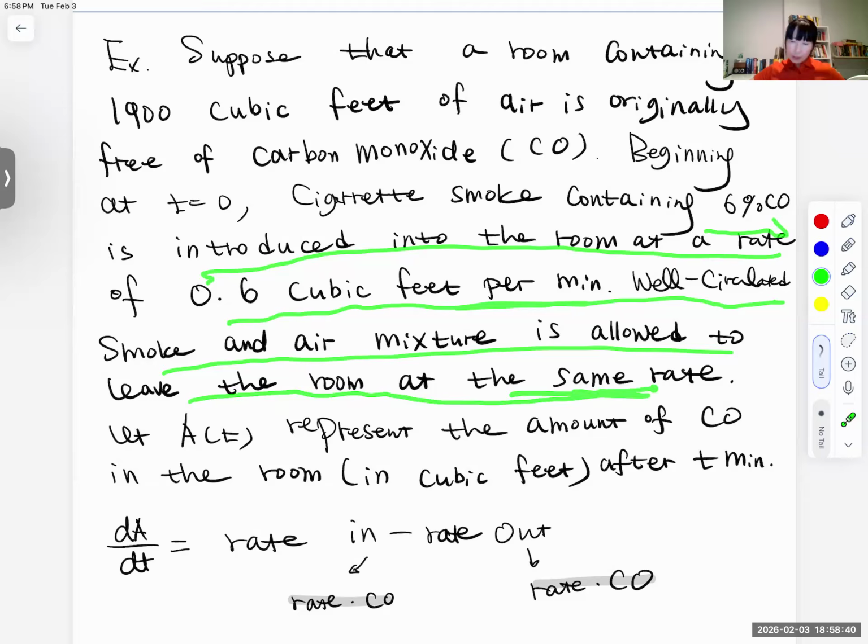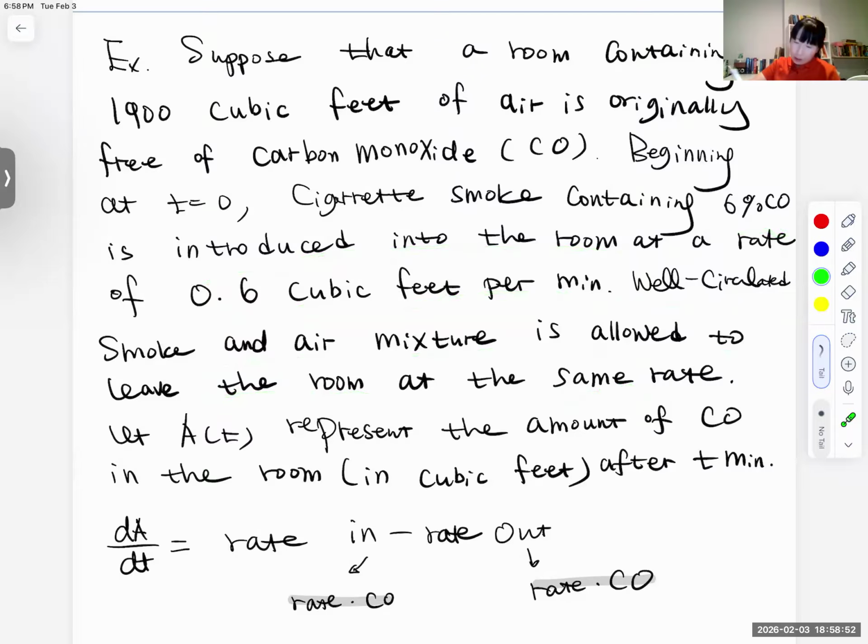Same rate means 0.6 cubic feet per minute, right? Let A of T represent the amount of CO in the room, in cubic feet, after T minutes.